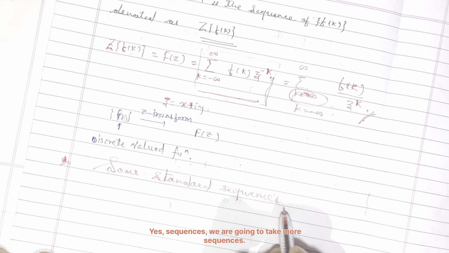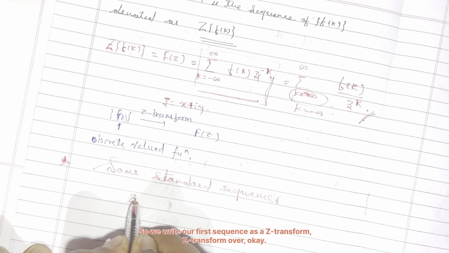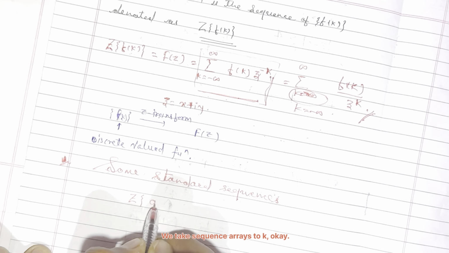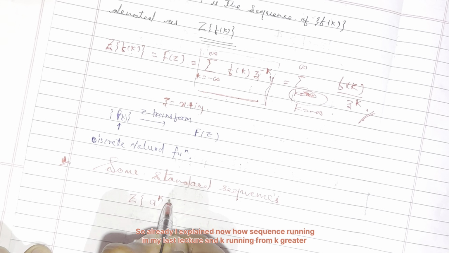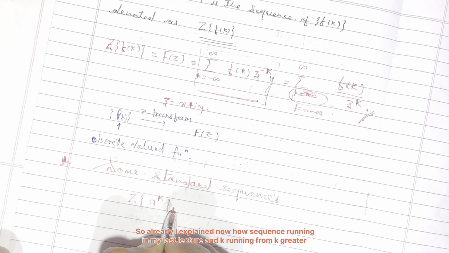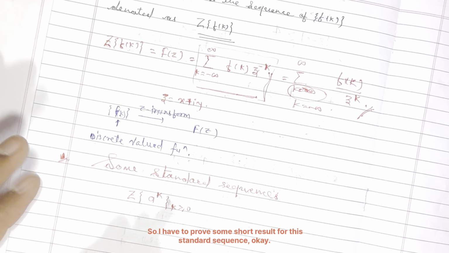So we write our first sequence as a Z transform of a raised to k. I already explained how the sequence runs in my last lecture, with k greater than or equal to 0. So this is our sequence. I have to prove a short result for this standard sequence.